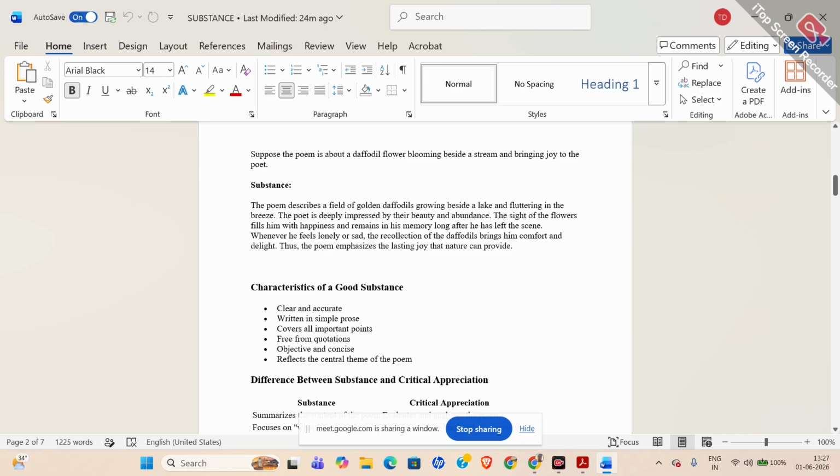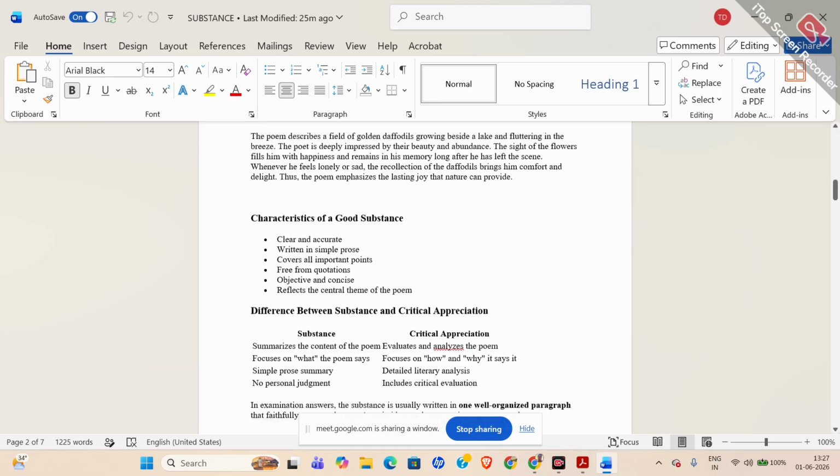So nature's boon or nature's gift, what nature has given the poet, it is a big gift for him. Not just beauty or a beautiful scenery. এইবারে বুঝতে পারলে খানিকটা আশা করছি যে সাবস্টেন্স কিভাবে লিখবে। This is the way you have to write the substance.